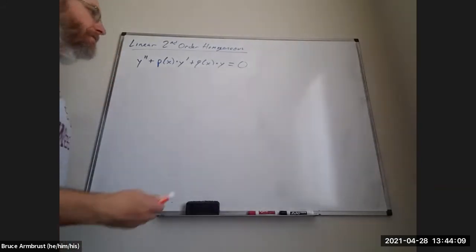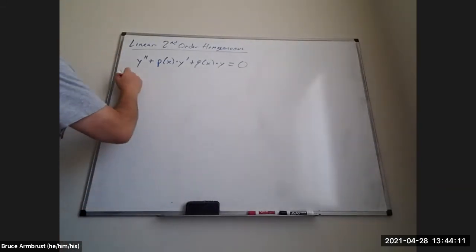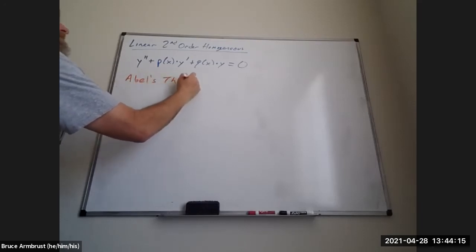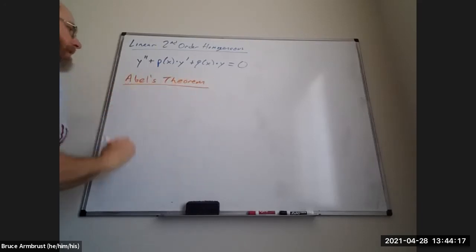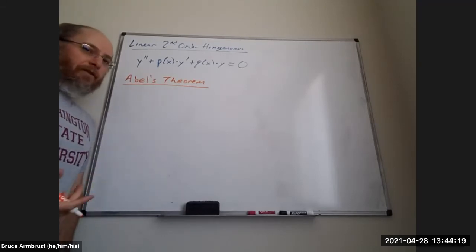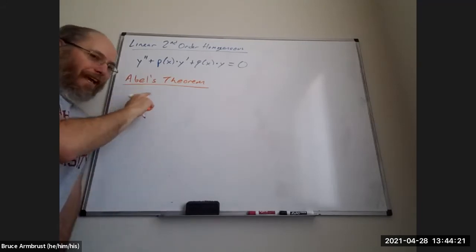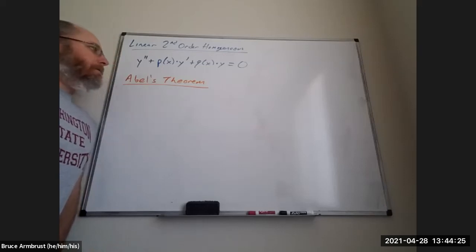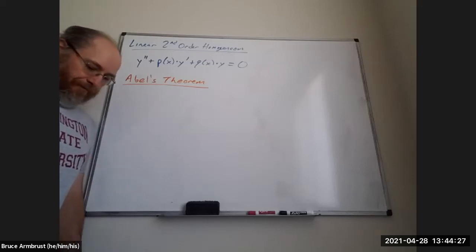And this is another theorem. This one we'll go ahead and put up here, but it's named. It's called Abel's theorem. I know you might see that and think Abel, but it's pronounced Abel. He was German. But Abel's theorem.